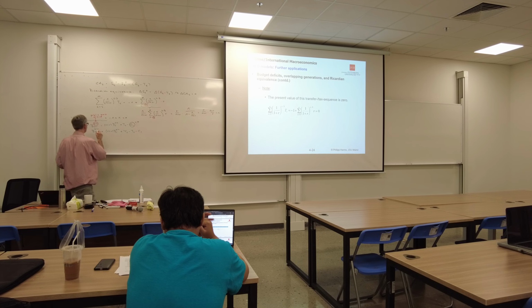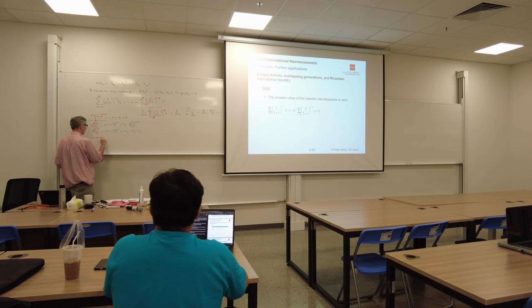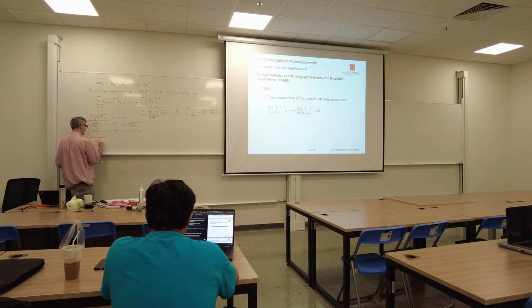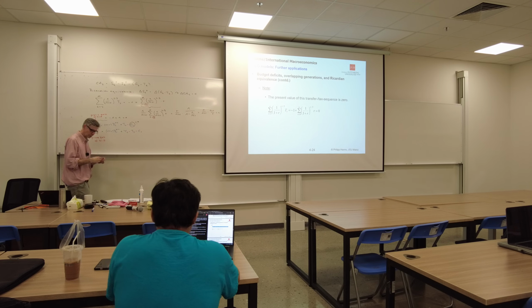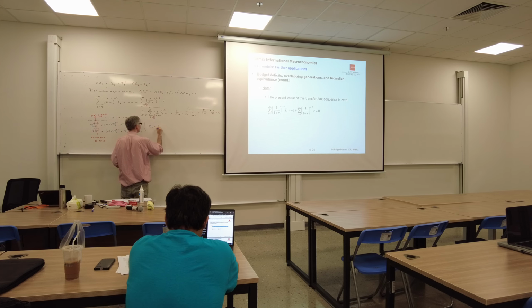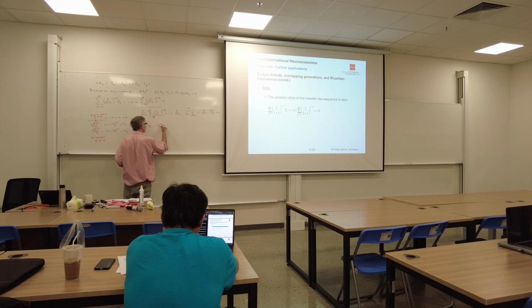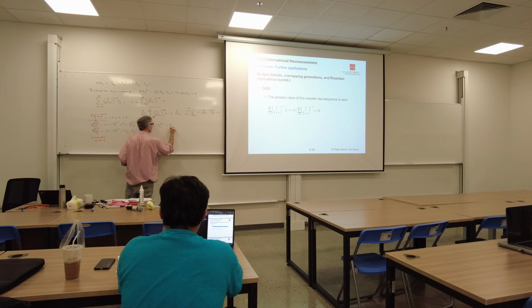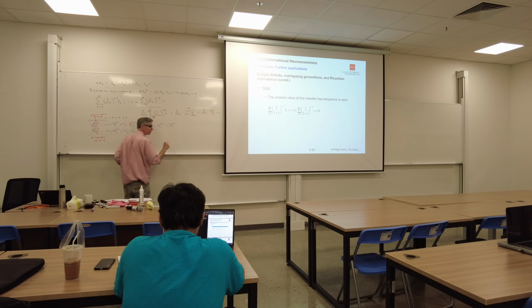So this is the private part of the NIIP. And of course, the total NIIP is just B_s^pub plus B_s^priv.